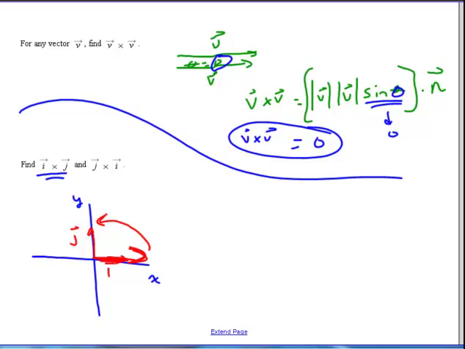When you do that, your thumb should be pointing out of the page. It's kind of hard to draw that, but out of the computer screen, and that's your normal vector. So your normal vector would be k.